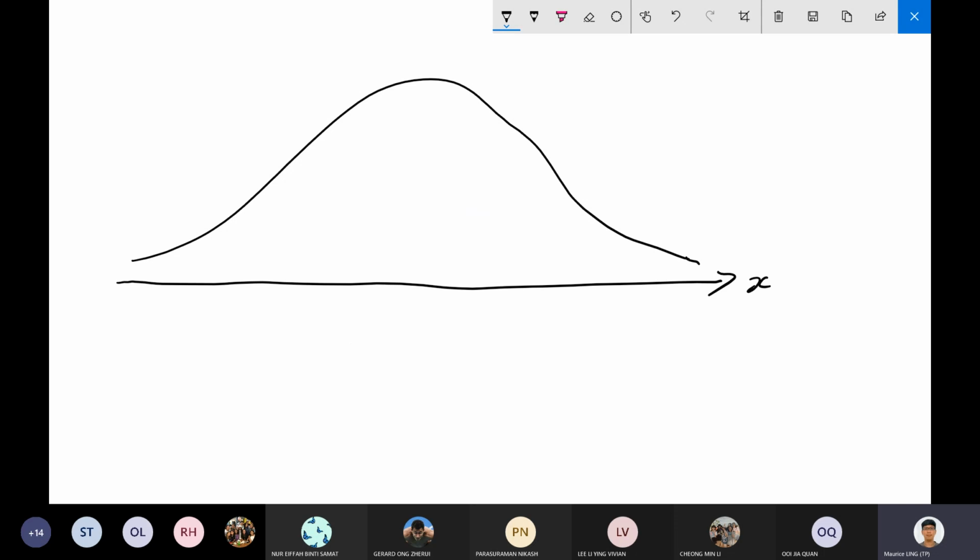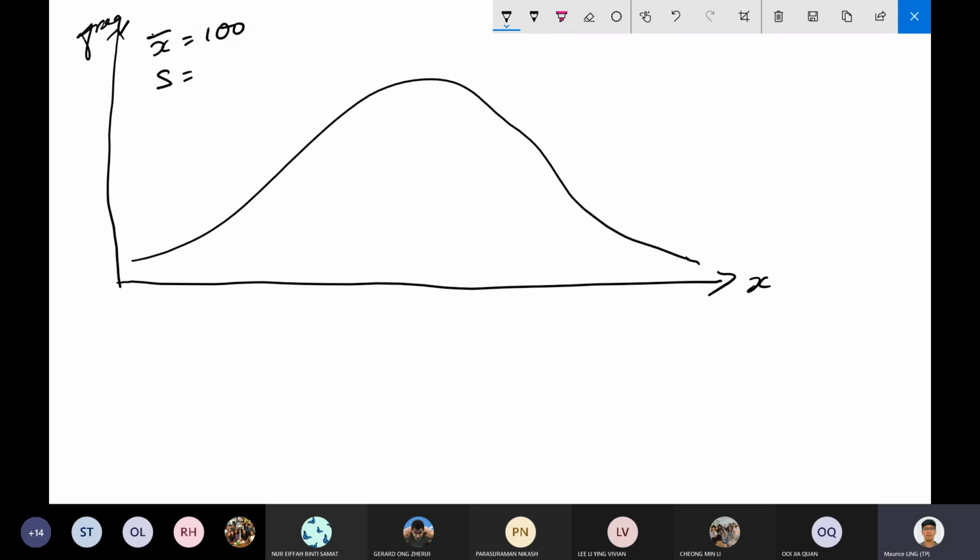Then the y-axis is actually your frequency. For example, let's say the mean is 100.